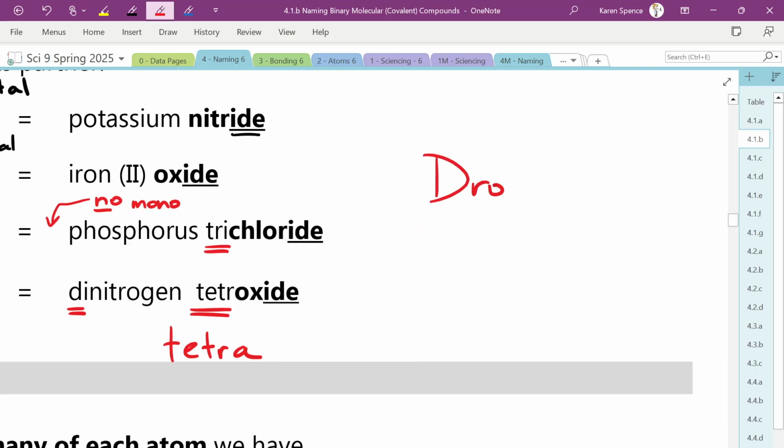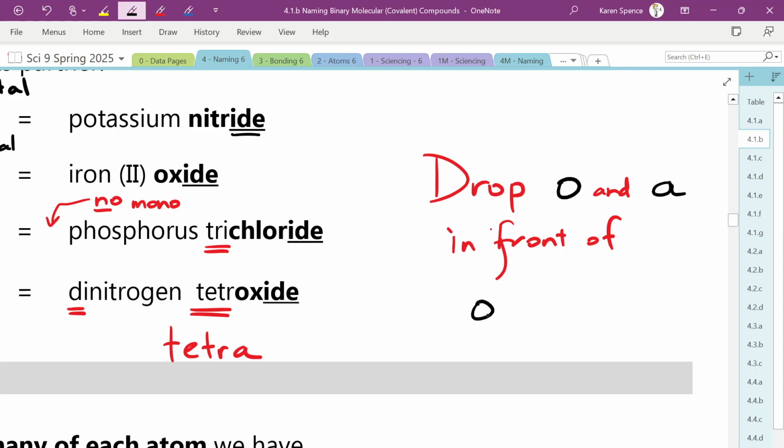Drop O and A in front of oxide and oxygen.